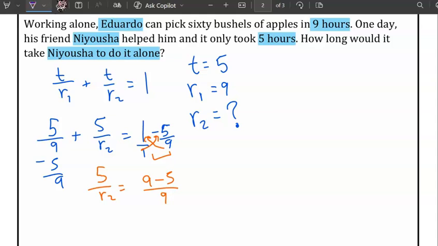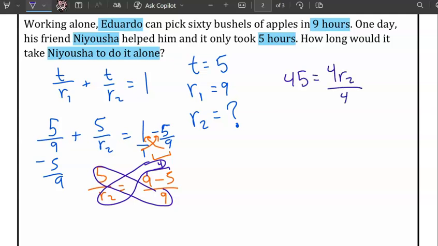From here we could cross multiply. 9 minus 5 is 4. Then we have 45 equals 4R2. Divide each side by 4. R2 equals 45 over 4.